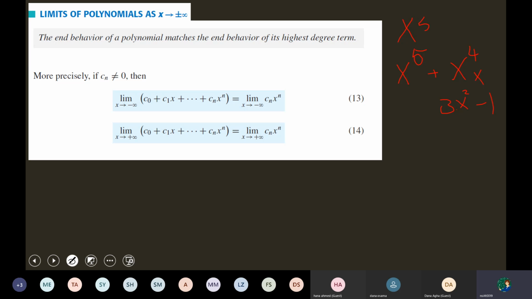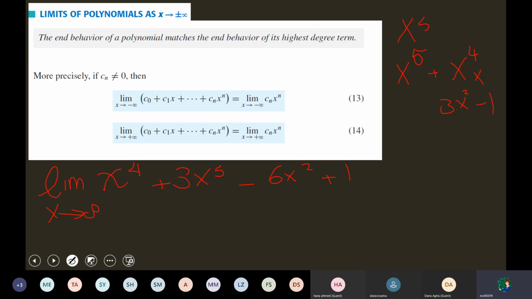So if you have limit of x raised to the power 4 plus 3x raised to the power 5 minus 6x squared plus 1, the rule tells me that the end behavior of a polynomial matches the end behavior of its highest degree term. If x approaches positive infinity, I just look at the highest power.